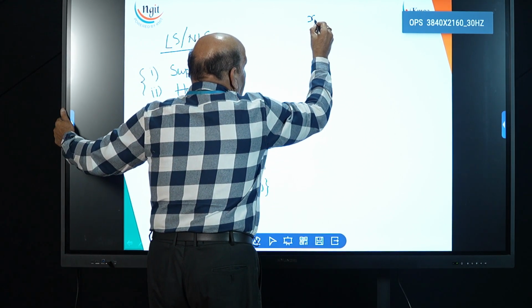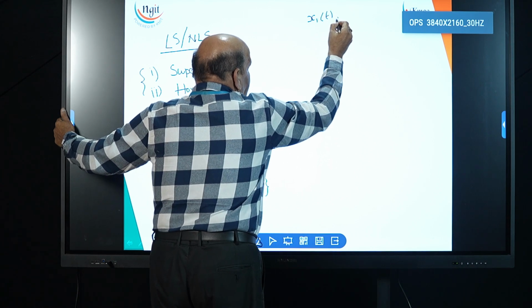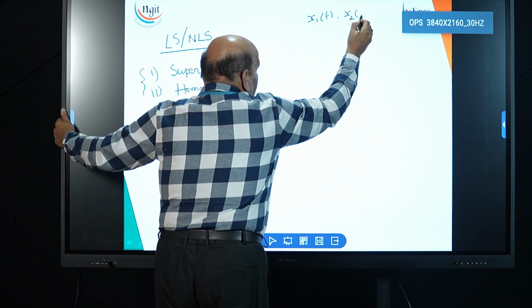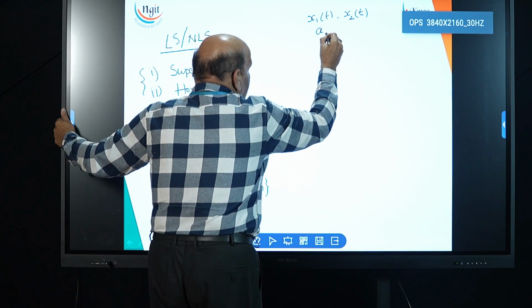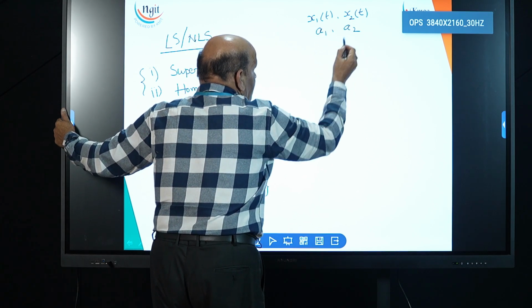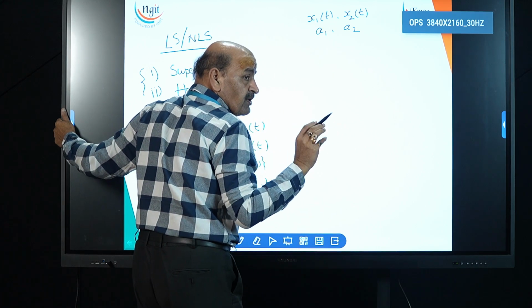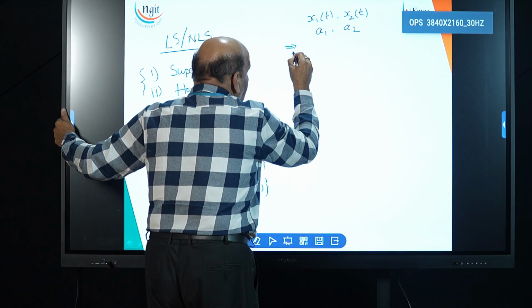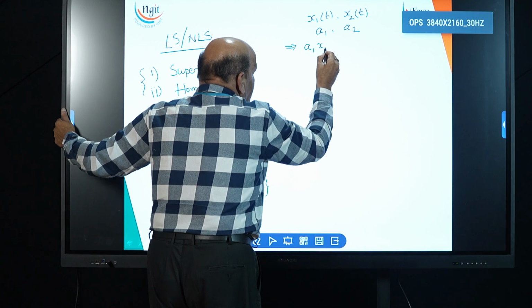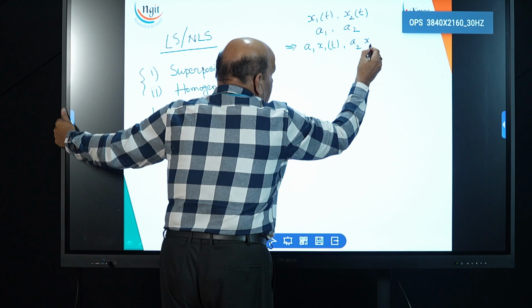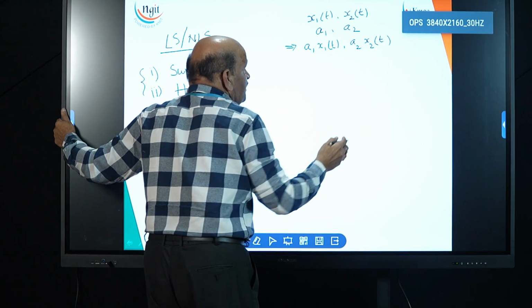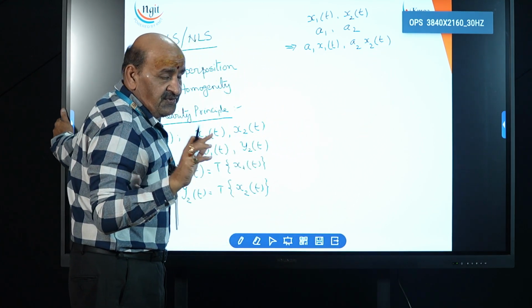if x1 of t and x2 of t are two individual signals and a1 and a2 are two non-zero constants, then a1 x1 of t and a2 x2 of t are two different signals.